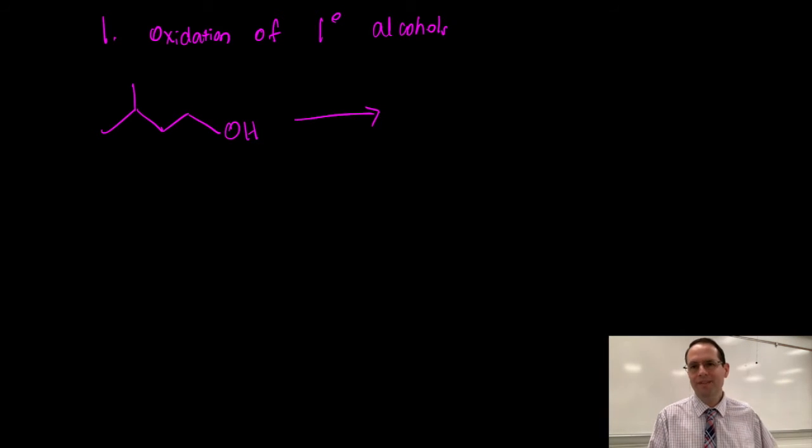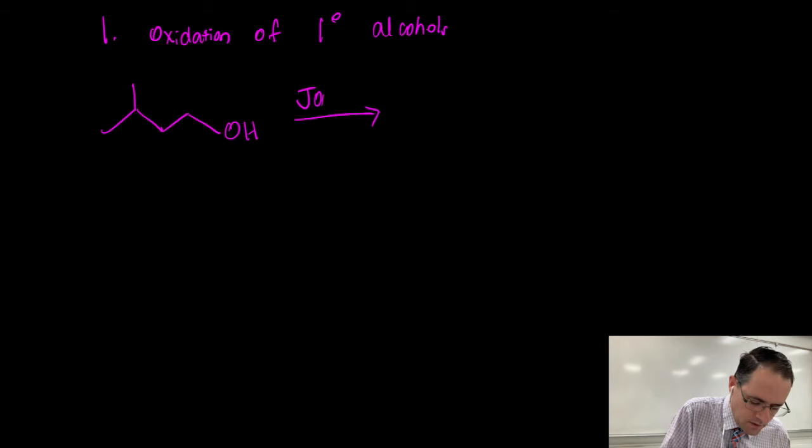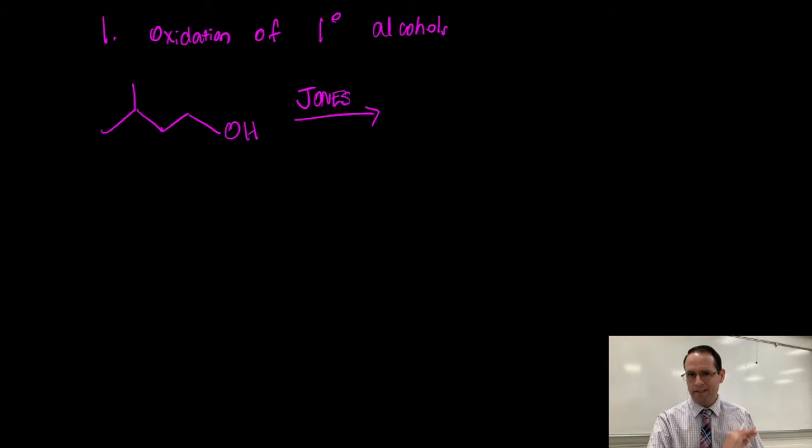There are two reagents you want to learn for this. One of these is called the Jones reaction. If you're taking my class, you can just write Jones above an arrow there. If you look at it in the book, it's chromic acid and sulfuric acid.